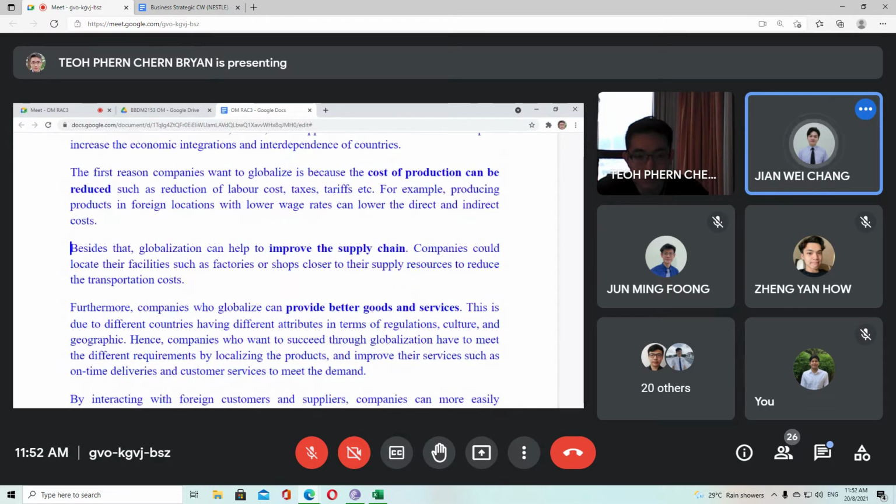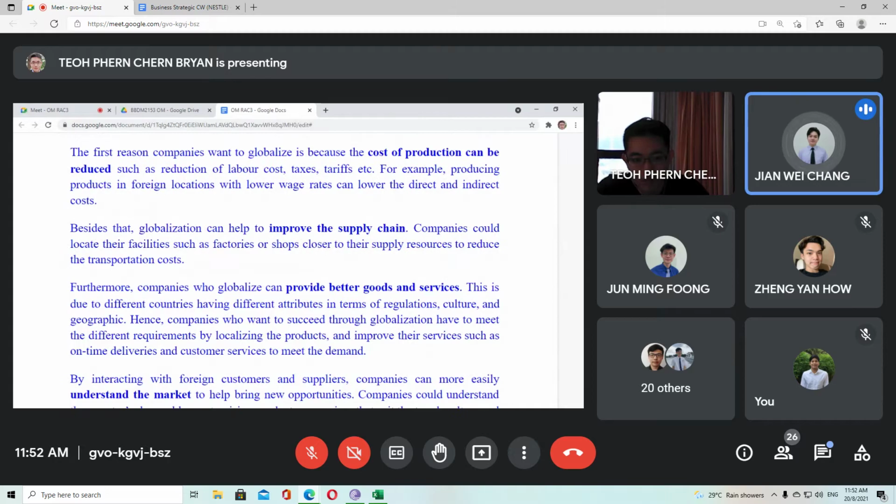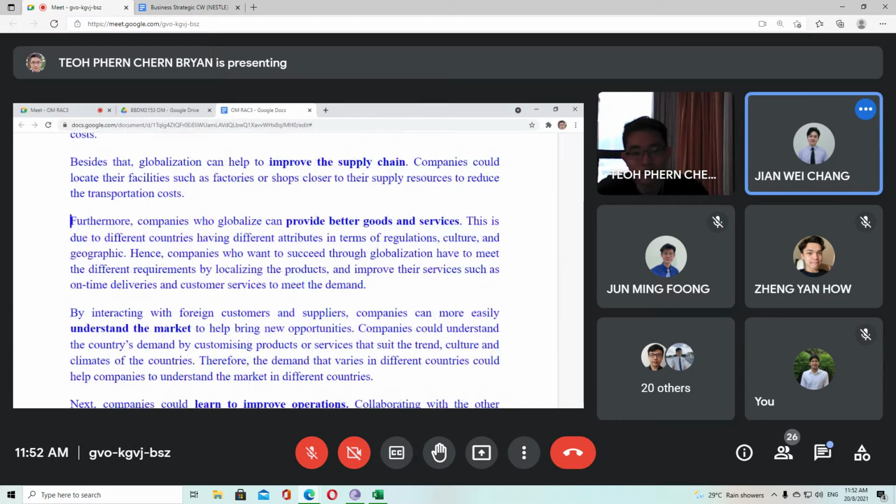So besides, the second reason, it can help to improve the supply chain. So company can locate their facilities such as factories or shop closer to their supply resources to reduce the transportation costs. The third reason is can provide better goods and services.